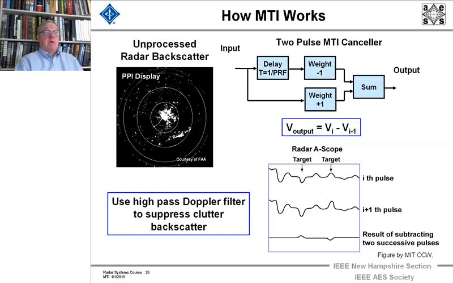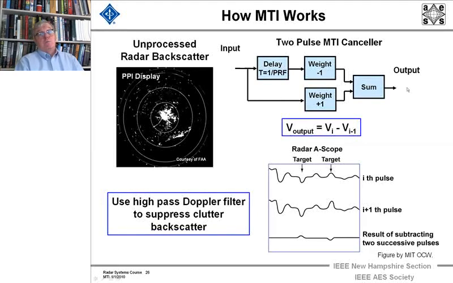So if you sent one pulse through at that one range gate where that ball bearing was located, and you subtracted from it the next pulse at that same range gate sample, you're going to get zero output. So ideally, if you set up a 2-pulse MTI, that's what you get.